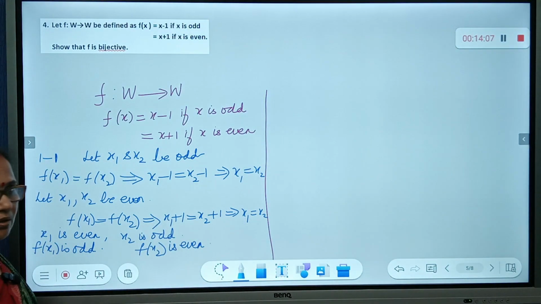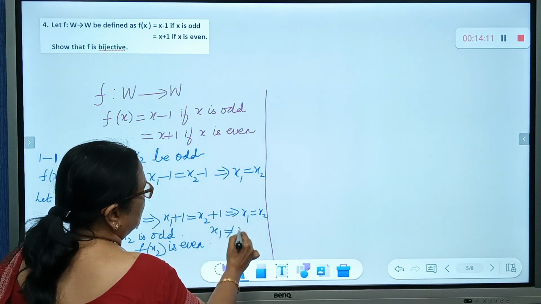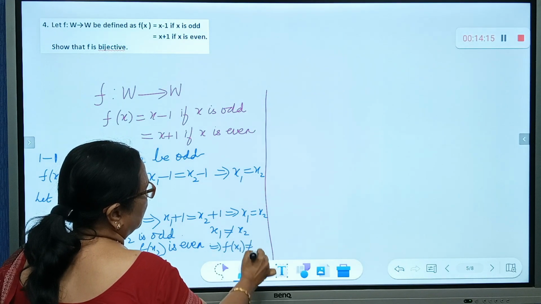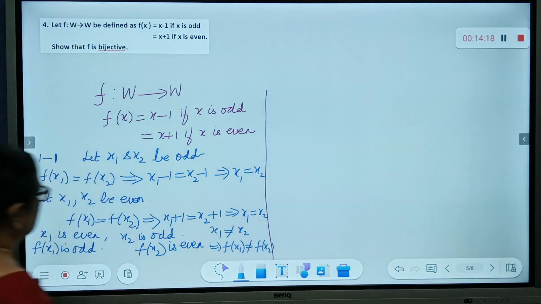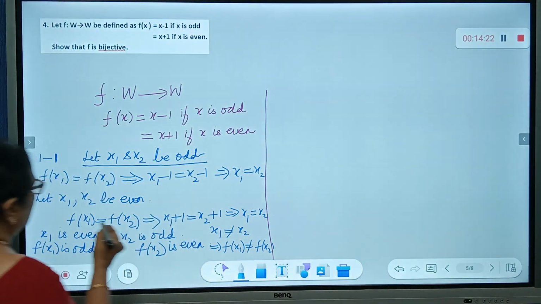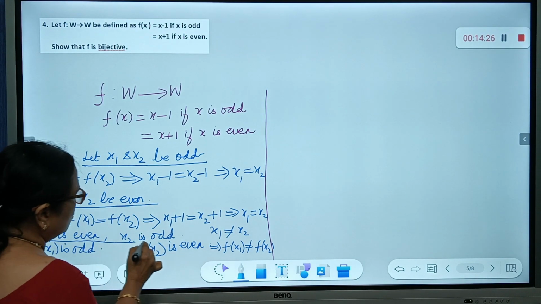So they are not equal. So if x1 not equal to x2 implies f of x1 not equal to f of x2 for the third case. So we have considered three cases here. Let x1, x2 be odd, let x1, x2 be even, x1 is even and x2 is odd.